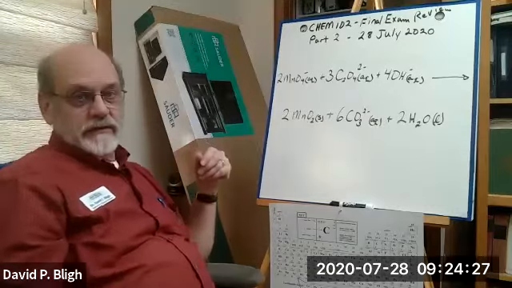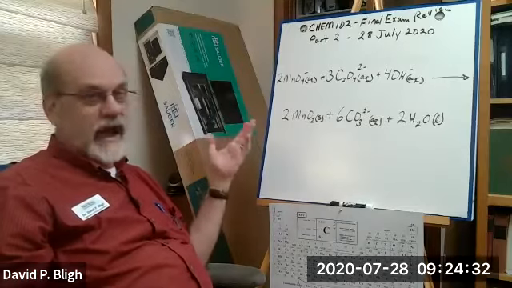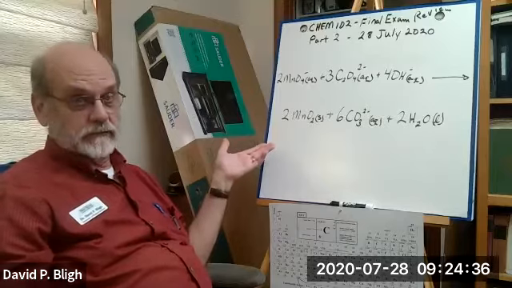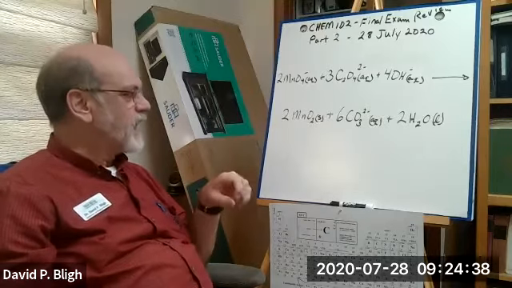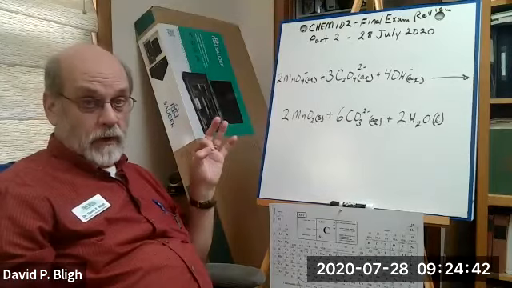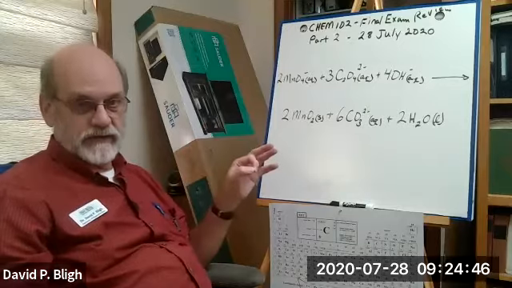Now the question is, how do the oxidation states change for this reaction? Well, some of them change and some of them don't. Unless you have a specific reason for oxygen to change, you assume that it's a 2 minus oxidation state.